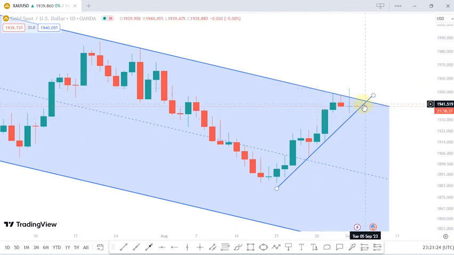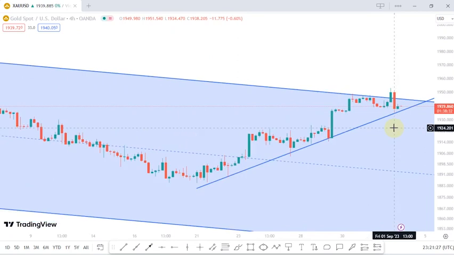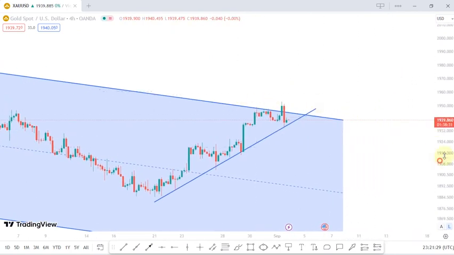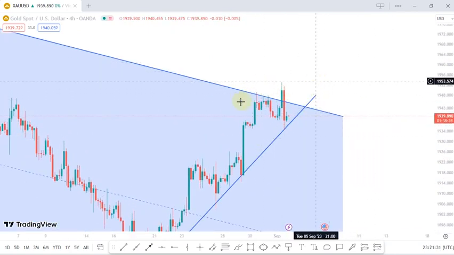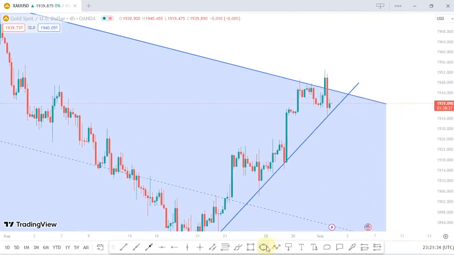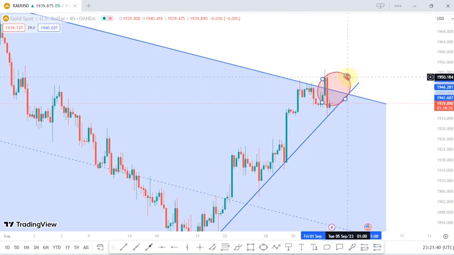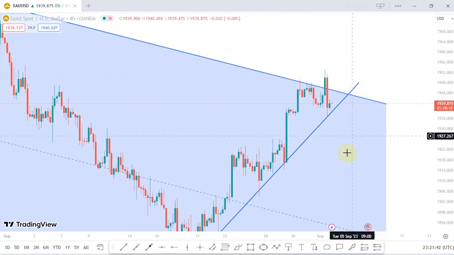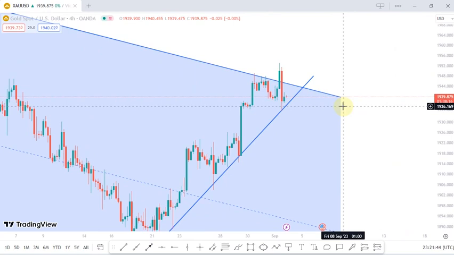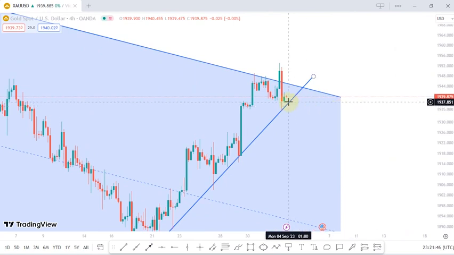What is going to happen is this: we're going to see what price is going to do at this region. What is price going to do here? Will price break the trend line? The best thing is for us to wait.